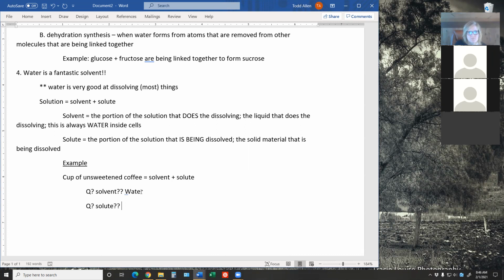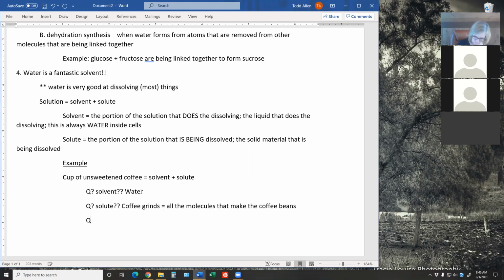Exactly correct. Okay, so the solute is the coffee grinds, all the molecules that make the coffee beans, okay? That is the solute, and that is what is dissolved in the water, okay?